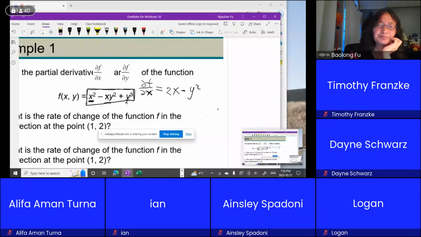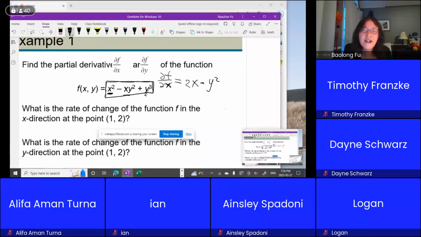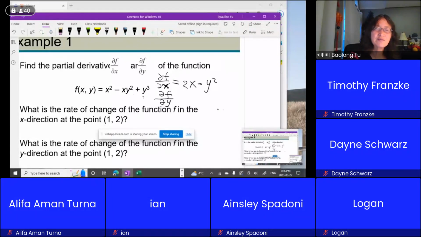So this is the derivative df/dx. Now, df/dy. df/dy means you only take the derivative for y, only focus on y as the variable. Consider x constant. So x squared, constant, has derivative 0. And only take the derivative relative to y.